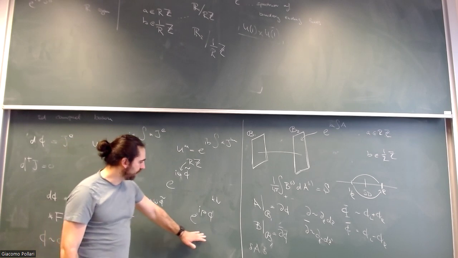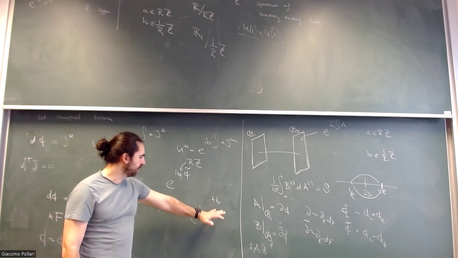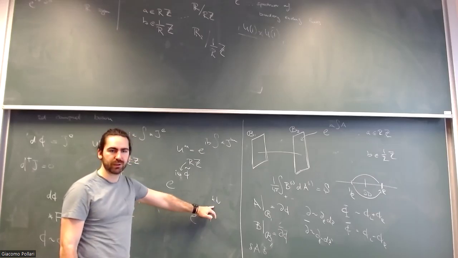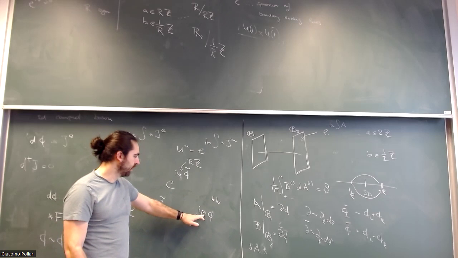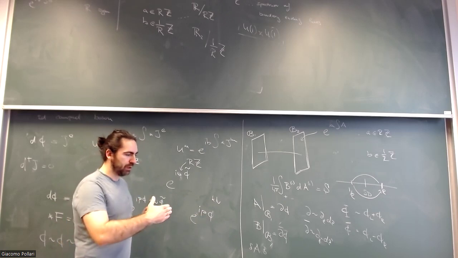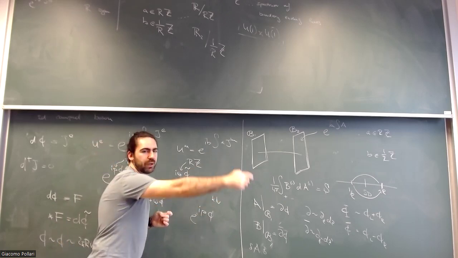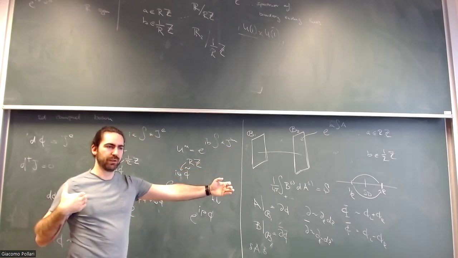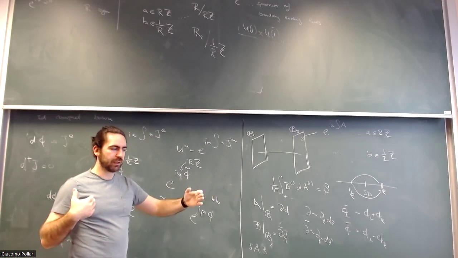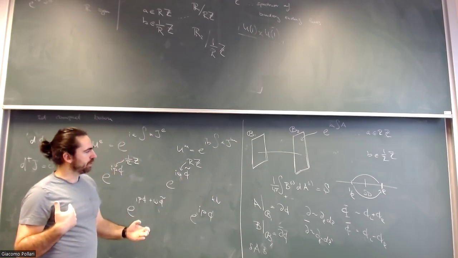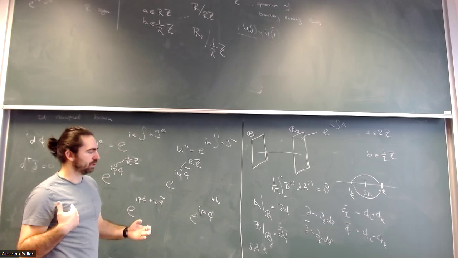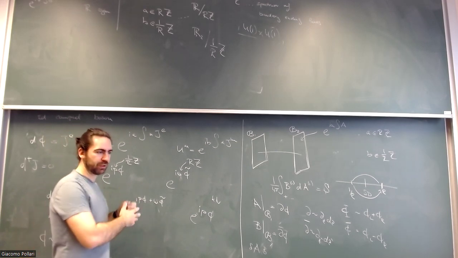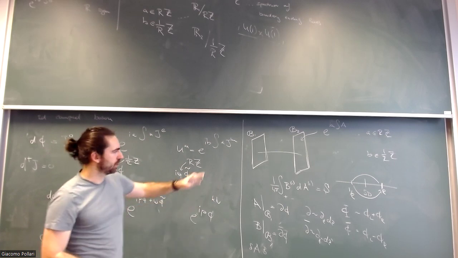Discrete gauging means that I just keep the ones which are trivially charged under that Z_k symmetry, which means the ones which are k-th charged in the original lattice, which is as if I was effectively on a different radius, right? But that's a weird symmetry. It's so-called non-invertible. It takes some guys, it throws them away, and it just keeps the others.